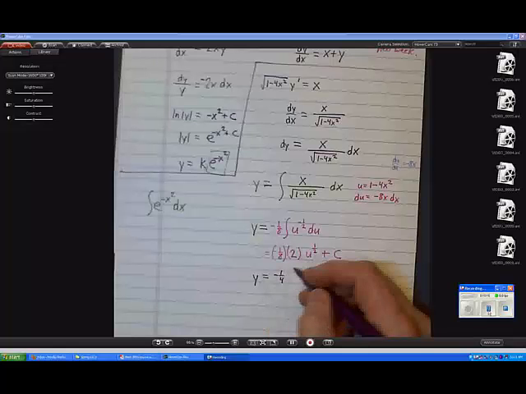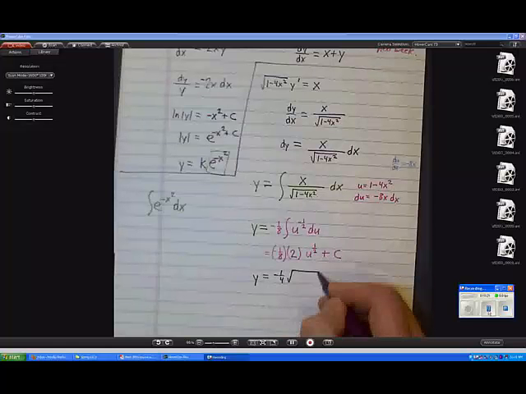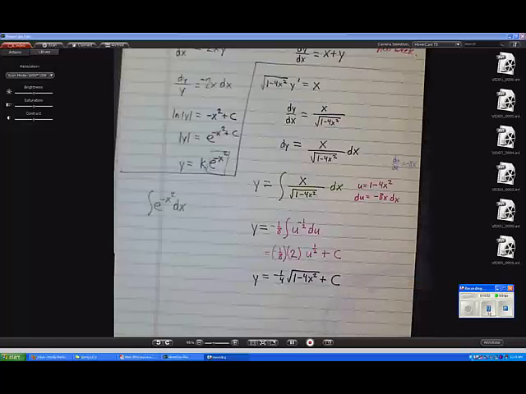The u is 1 minus 4x squared. Since that's to the 1/2 power, I'll put it as a square root. Square root of 1 minus 4x squared plus c. So any questions on this? Yeah.